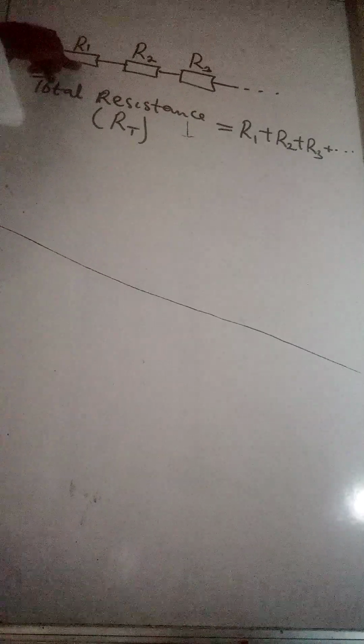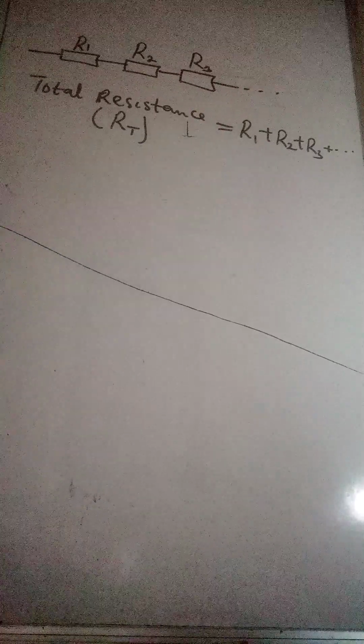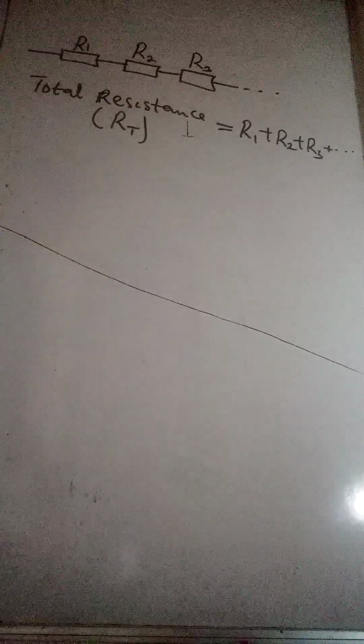Resistance in resistor 1 plus resistance in resistor 2 plus resistance in resistor 3. If there are more, you add them together. So as a result, when you add them together, definitely the result will be greater than the individual resistance. Okay? Now let's have a look at 1 or 2 examples.